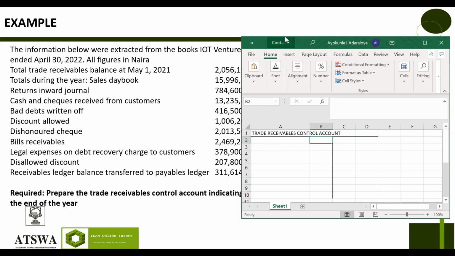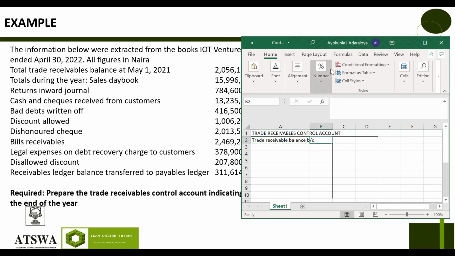Okay, so let's go back to the question. Trade receivables balance as at May, that would be what? Balance, trade receivable balance brought down.